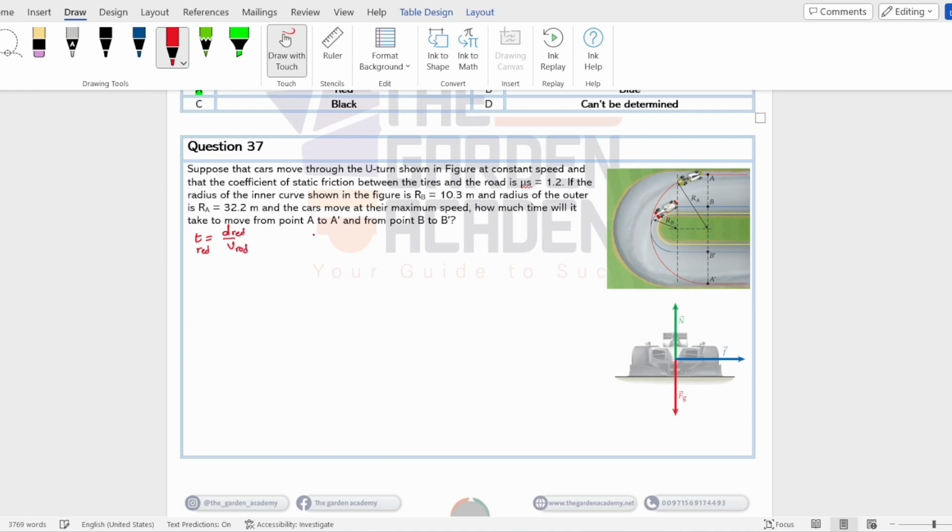We also have to find T sub blue, which is equal to the distance in the blue path divided by V blue. Let's keep it consistent with capital letters, R for red and B for blue.